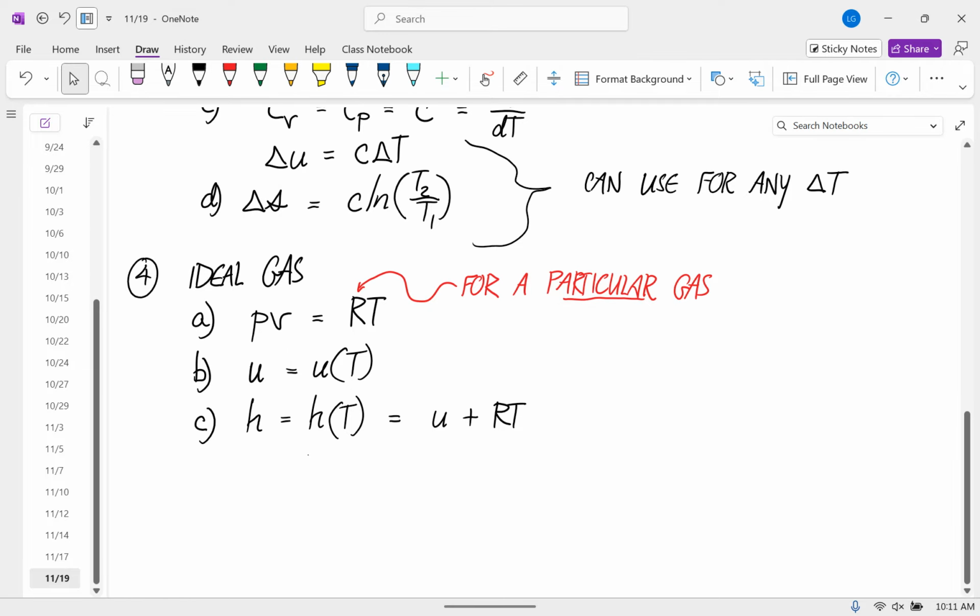And then as a consequence of this, so this comes from Cv equals du/dT.